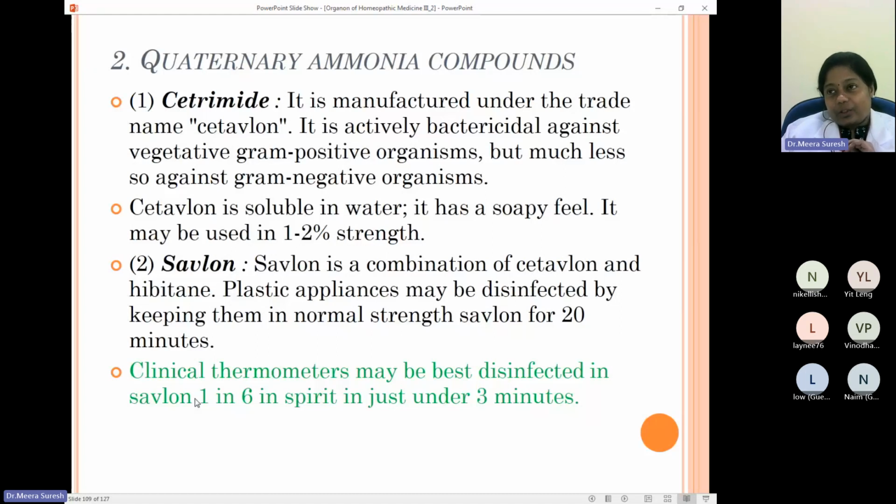Their marketing technique was that it is as effective as Dettol but does not cause any burning pain. They wanted to compete with Dettol because the only problem with Dettol was that burning pain. Even if you use Savlon directly, it won't cause that burning.